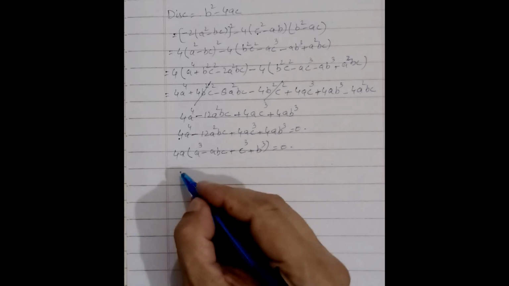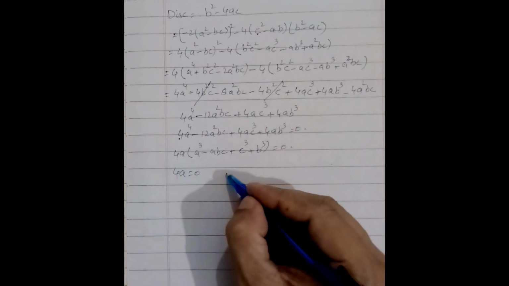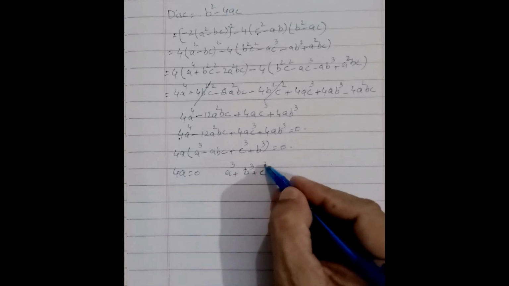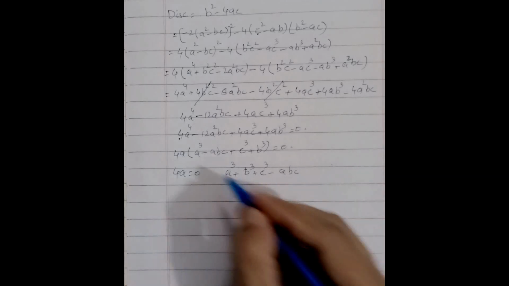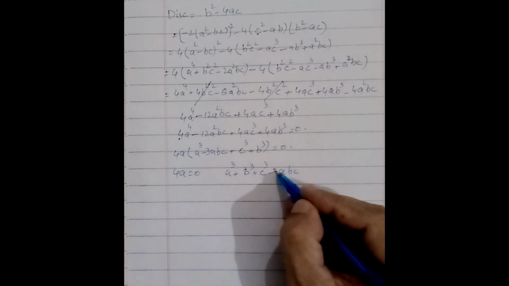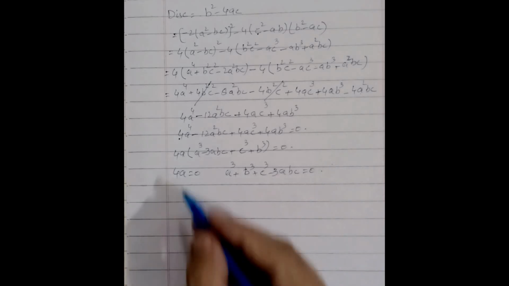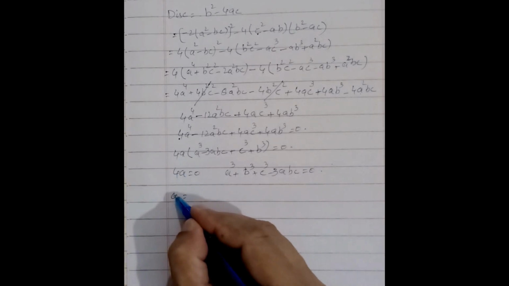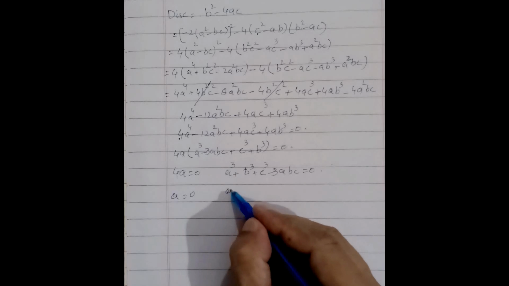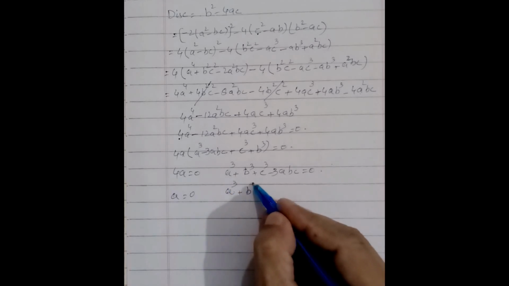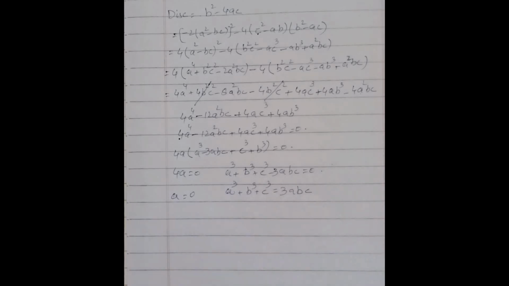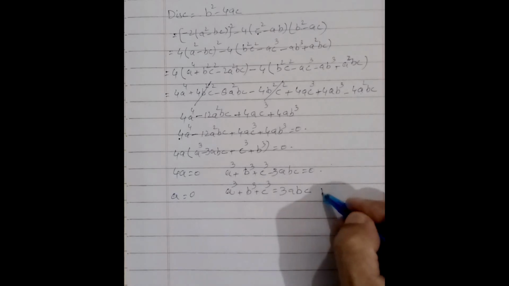When we further solve it, we have 4a = 0 or a³ + b³ + c³ − 3abc = 0. Here we take common 4, the remaining is 3abc equal to 0. Dividing by 4 on both sides, we get a = 0, and we shift −3abc to the right side. We have a³ + b³ + c³ = 3abc. And this is what we required.